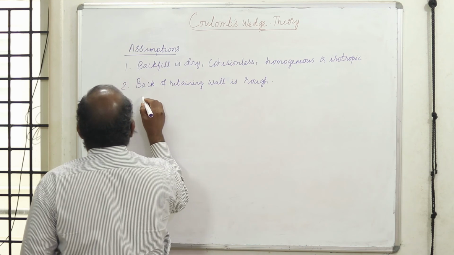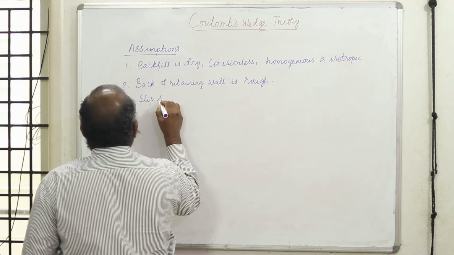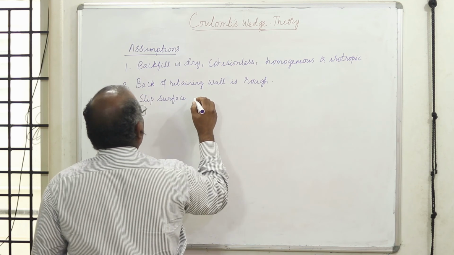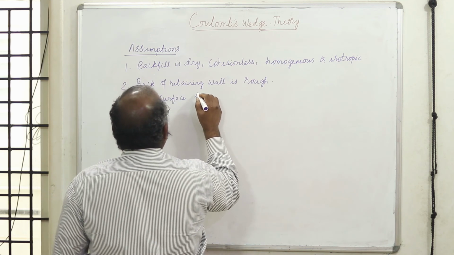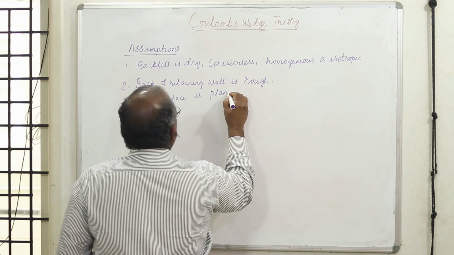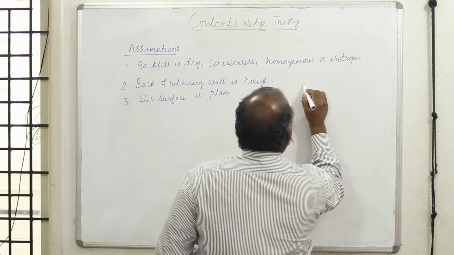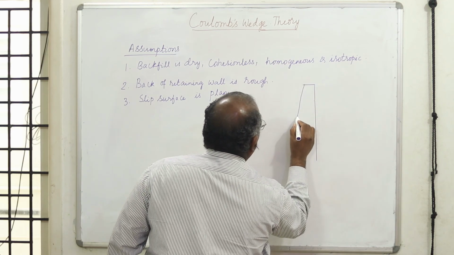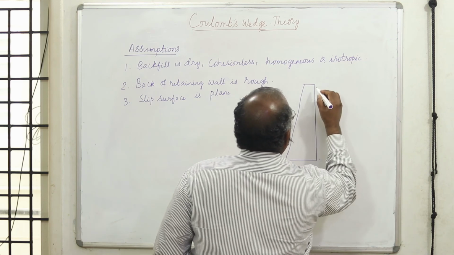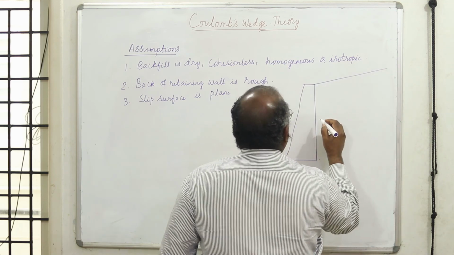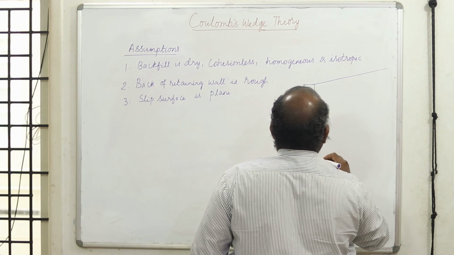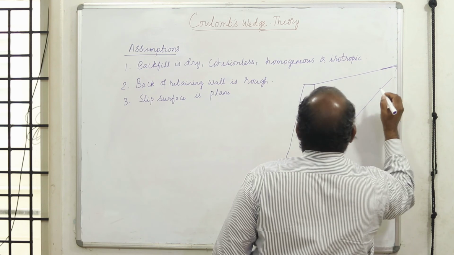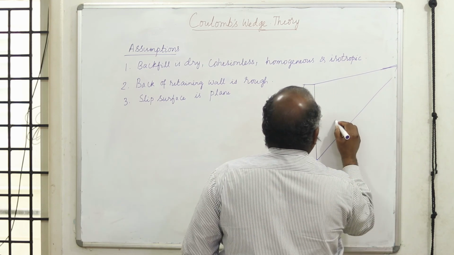Then we have the slip surface, which is plane. Now, what is a slip surface? Now you have this retaining wall, and this backfill material.